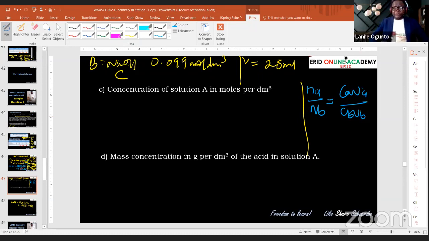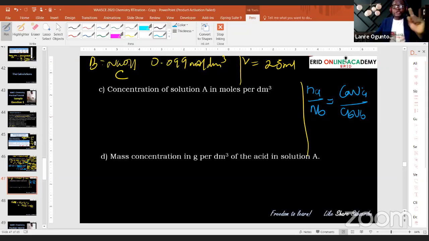You should be used to this formula. Na means the number of moles of acid in the stoichiometry of the equation of reaction. For every titration, there is an equation, so you must be able to write the equation of reaction and balance it. Nb means number of moles of base.